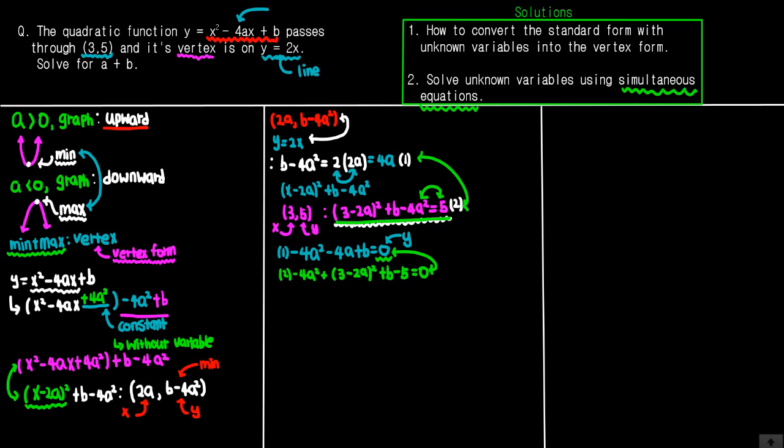So we can use our elimination equation by writing negative 4a squared minus 4a plus b, which is our first term, equal to the second term, which is negative 4a squared plus 3 minus 2a squared plus b minus 5. The reason we could make this kind of equation is because one of the sides is equal. In order to simplify this equation, we can add 4a squared to both sides, which will cancel out.